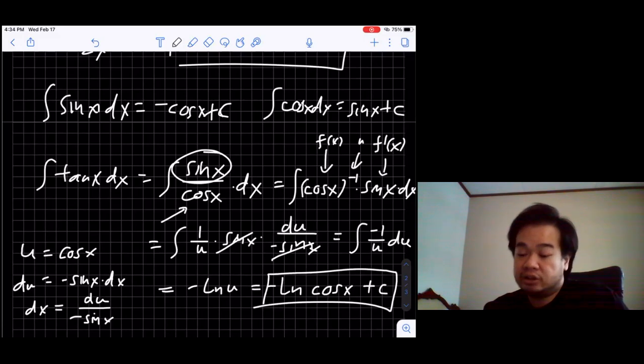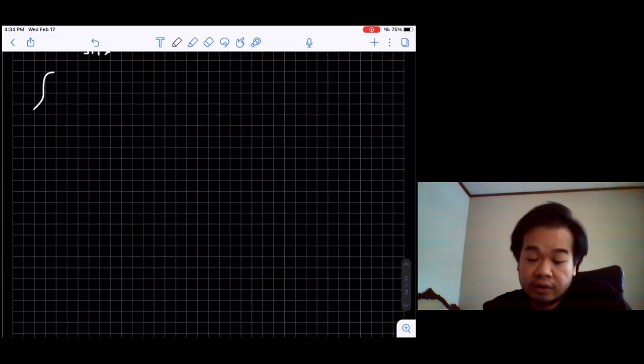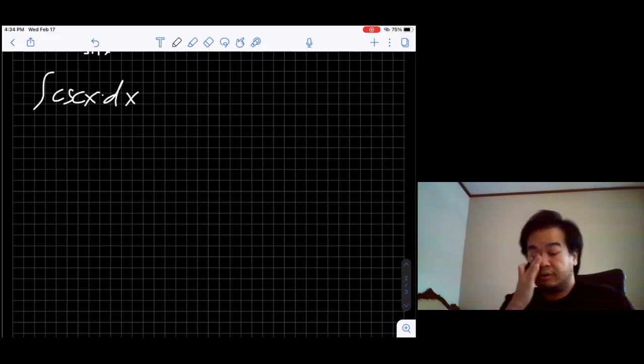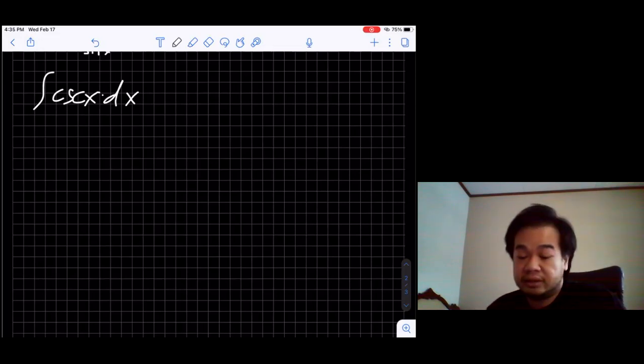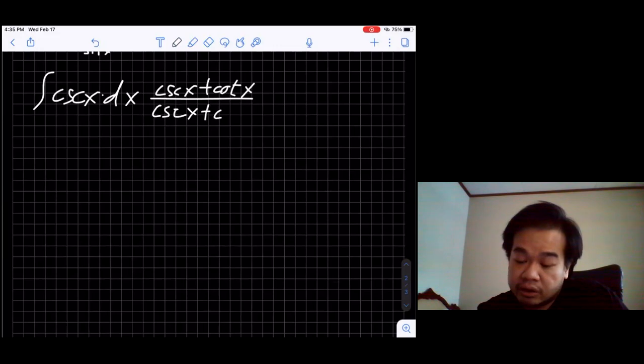Okay, now let's continue to cosecant. Let's try cosecant. Integral of cosecant x dx. Now for cosecant, actually there is a trick that you need to do before you can integrate it. The trick is to multiply it with cosecant x plus cotangent x over cosecant x plus cotangent x.